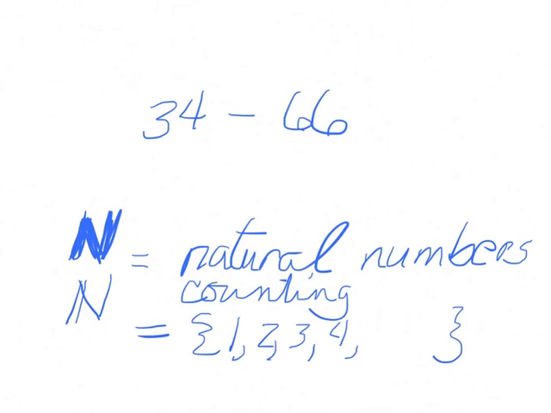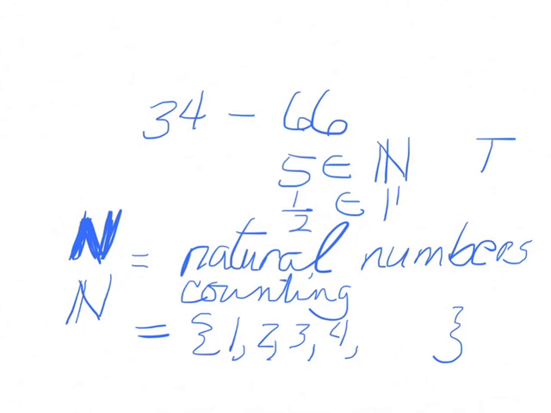They go on forever. So using some of our is an element of and is not an element of, for instance, you could say 5 is an element of the natural numbers. Is that true or false? That, of course, would be true. And you could say 1/2, is that an element of the natural numbers?